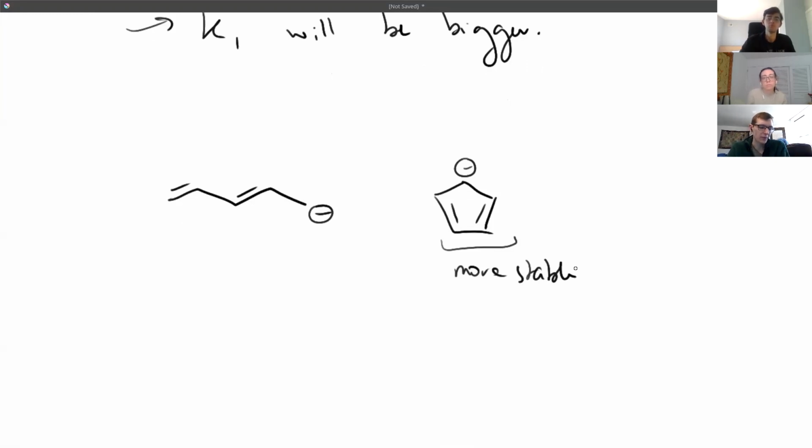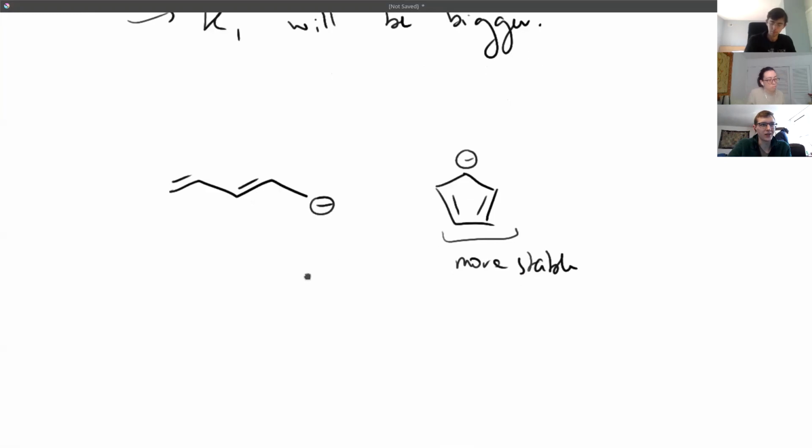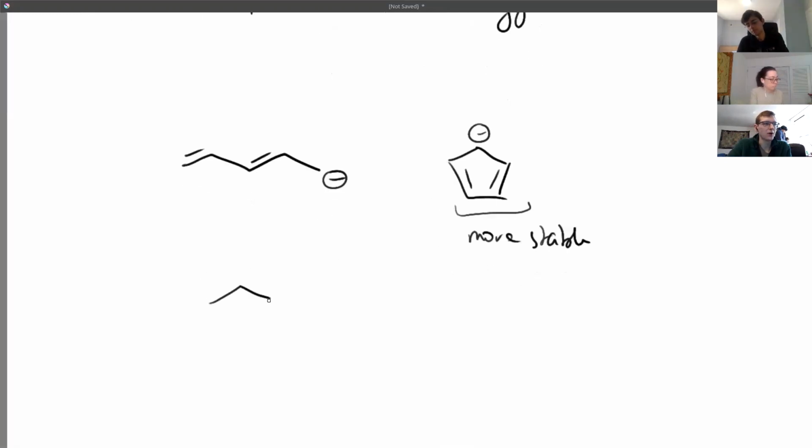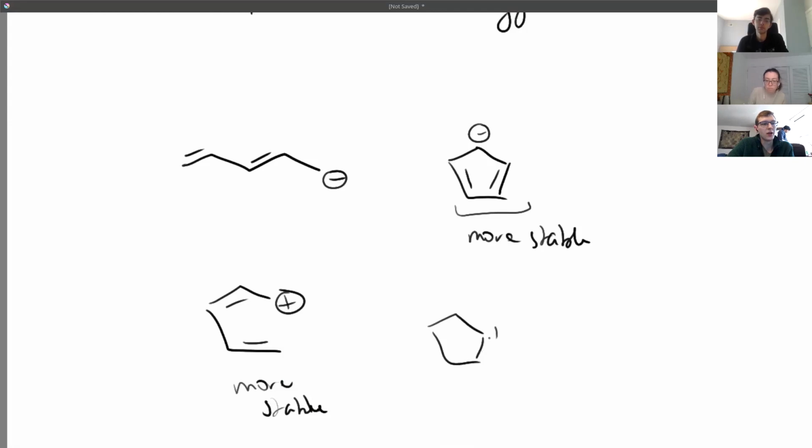I didn't watch the full lecture, but I think Dr. Tong was making this point in his slides, where if you have this molecule, which is linear, then this is more stable than this molecule, which is cyclic. And the reason is because this one's anti-aromatic.